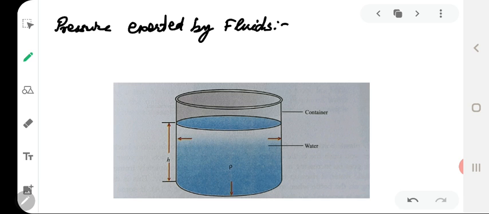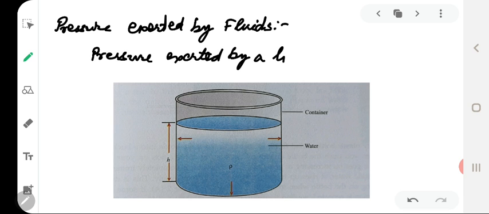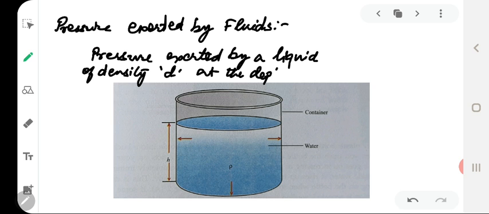So, mathematically, pressure exerted by a liquid of density d at the depth h will be given by P = hdg.